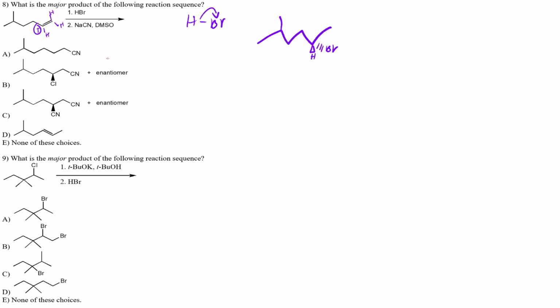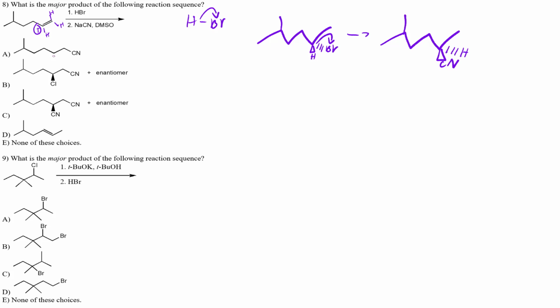SN2 favors aprotic, so for sure it's going to be SN2, right? And so what you should be having is this guy right here. The bromine pops off, the cyanide goes in, and it comes out as a wedge. CN, not CM. And we should have a wedge, or hash hydrogen.